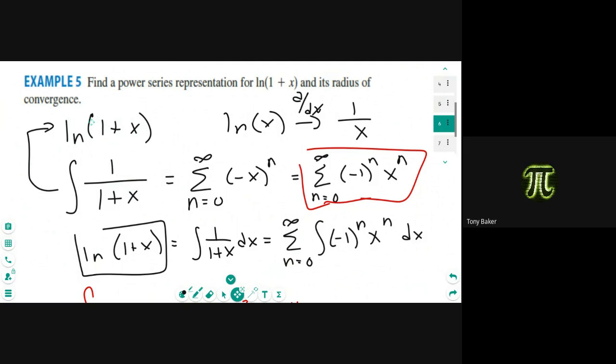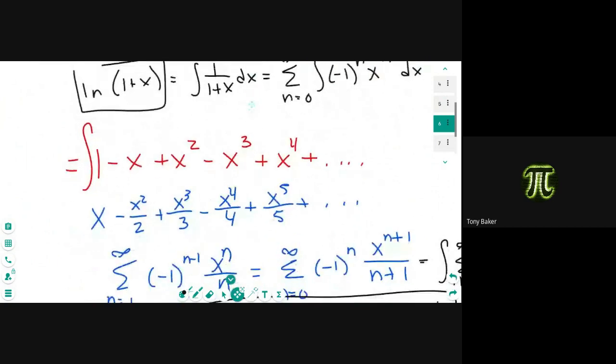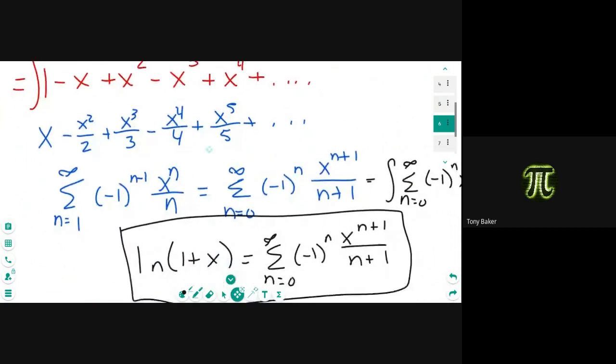Once we've got that, we're like, oh, that's something I can work with. So it could be the antiderivative. If I took the antiderivative of that, I get back to here. So I can take the antiderivative of the other side and get back to what the original problem was. So if we encounter these types of problems, step one is to take the derivative.